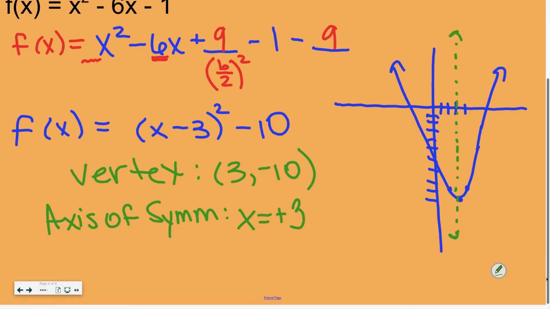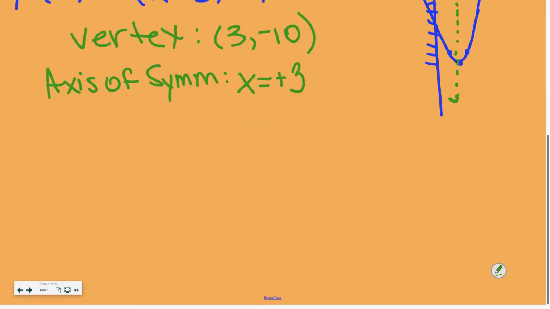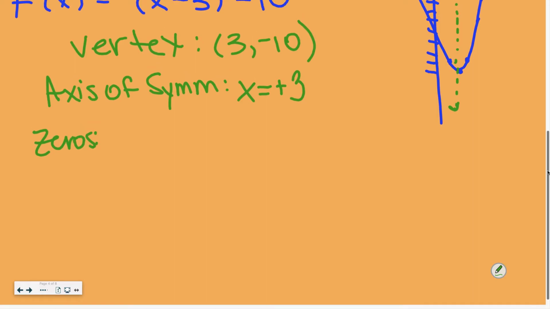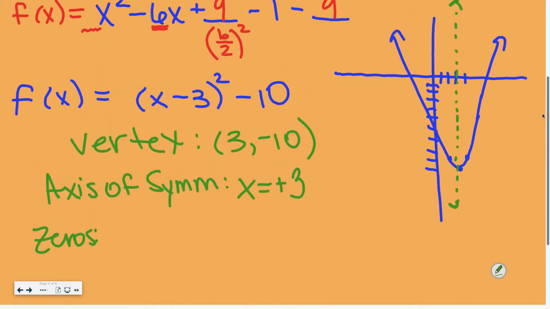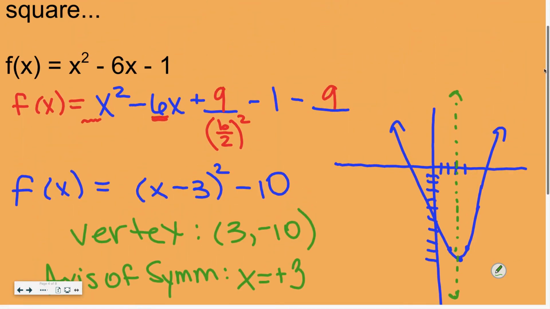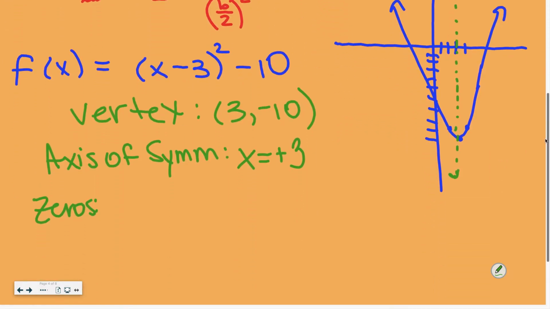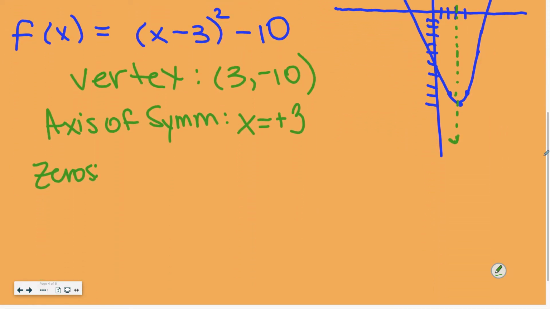They're going to ask you to find the zeros. Yes, we started out with this problem right here, but we've done some algebra to get to here. Use all of the work you've already done to help you.